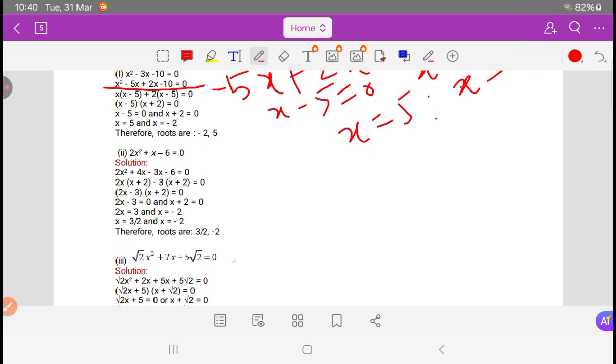Similarly, you can do it for another question: 2x square plus x minus 6. Here x can be written as plus 4x minus 3x.